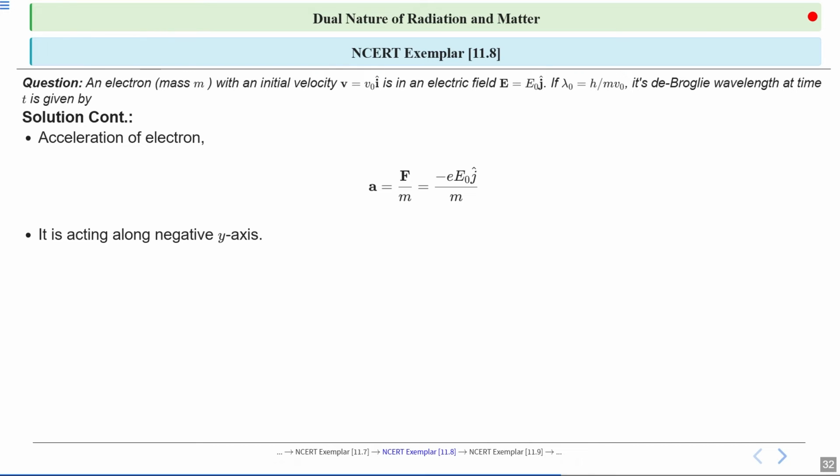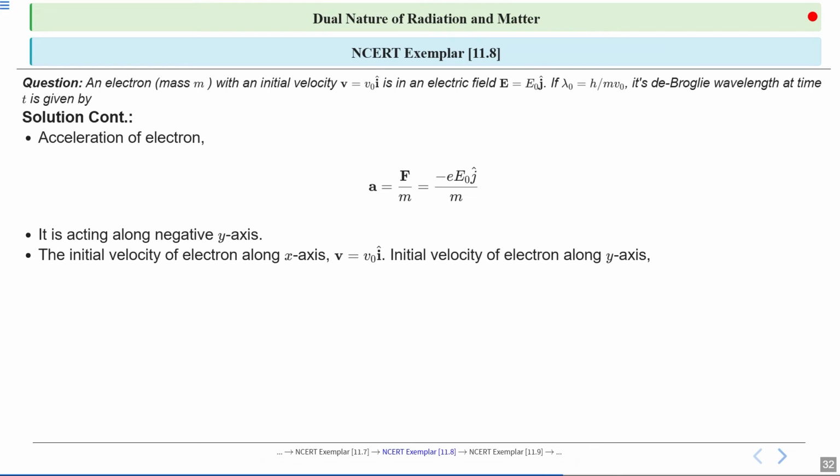Got it? Now you can see the initial velocity of the electron is along the x-axis and the velocity along the y-axis is 0. Now because acceleration is along the y-axis, velocity along the y-axis will develop. From 0 to some value, the velocity in the vertical direction will increase and the final velocity will also be affected.